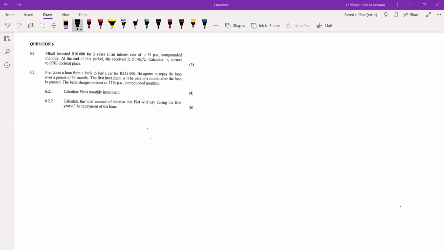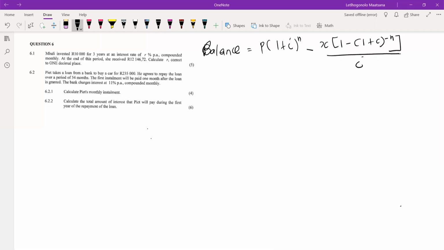Okay. So to calculate our remaining balance, we're going to use this equation here. A, the remaining balance, will be equal to P(1 plus i) to the power of n minus x times (1 minus (1 plus i) to the power of negative n) over i.